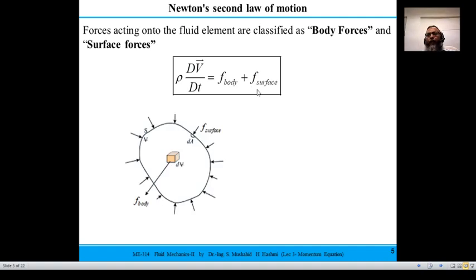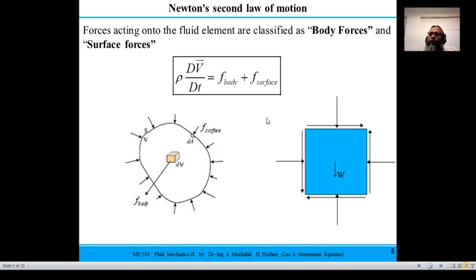We will define it. A body force is the force that acts on every particle of the body. So every particle is experiencing a force that would be called a body force. Whereas the surface force is the force that acts onto the surface. Once you talk about a surface, obviously you have to define a certain area over which the force is acting.